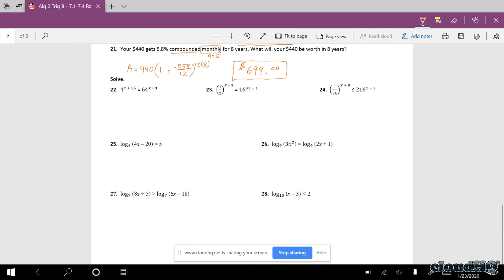Then we get into solving equations. On number 12, I see that both base numbers 4 and 64 can be expressed as powers of 4. So I would leave the left side alone, but I would change 64 to 4 cubed. Notice I haven't changed its value, but instead I've written it as a power of 4.